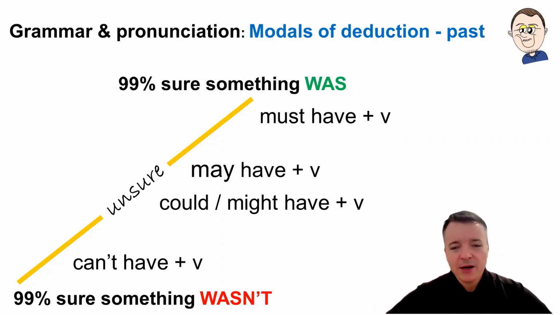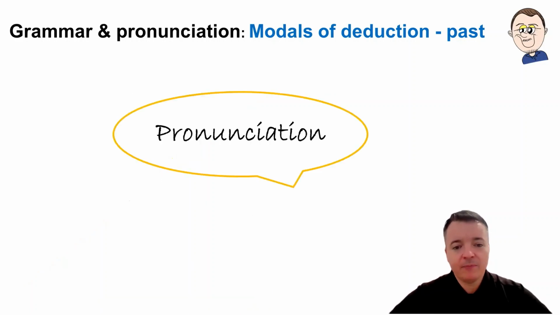All right. Now, just listen to the way I say have. Is it strong? Must have. Listen carefully. It must have been. It may have been. It could have been. It might have been. Okay, so have becomes very weak.